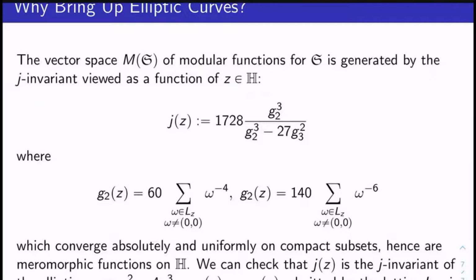Well, that function is j of z equals 1728 times g2 cubed over g2 cubed minus 27 g3 squared, where g2 of z is 60 times the sum over non-zero points omega of the lattice of omega to the negative fourth, and g3 of z similarly is 140 times a certain sum over non-zero points omega of the lattice of omega to the negative sixth. Now these g2 of z's and g3 of z, excuse me.